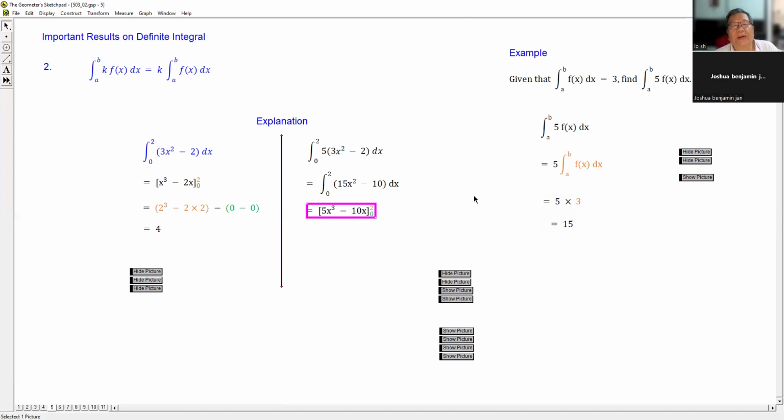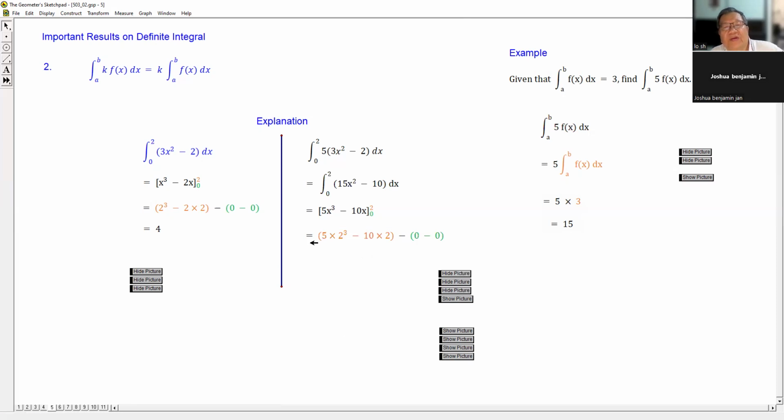Then this one becomes 15x cubed over 3, which cancels to 5x cubed. Integrating 10 gives 10x.